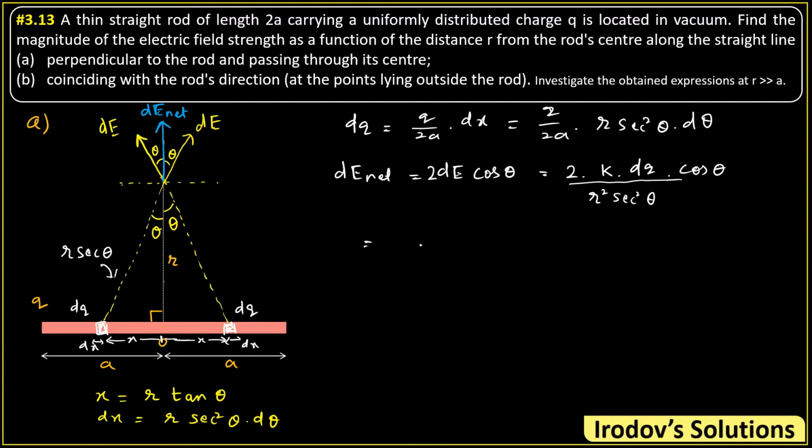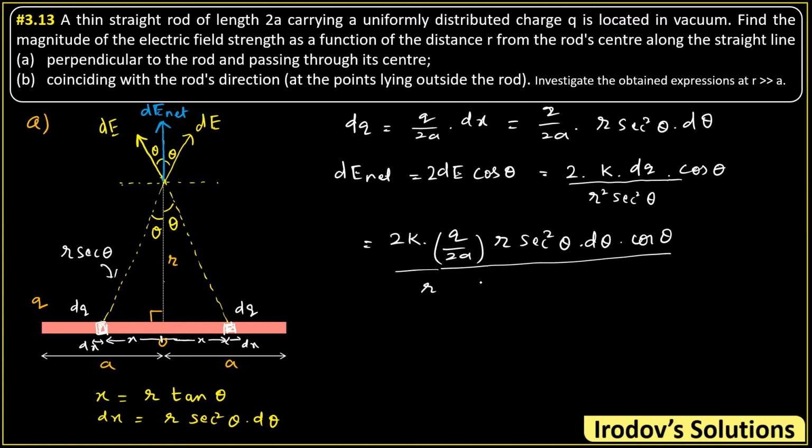So twice k, dq is q by 2a into r sec square theta d theta, and there is a cos theta in the numerator and r square sec square theta in the denominator. So we have got rid of sec square theta.